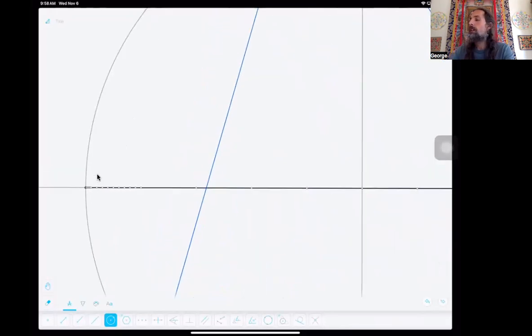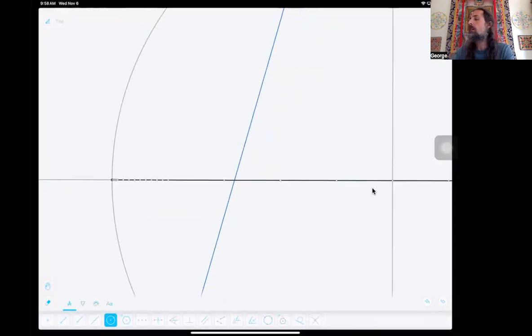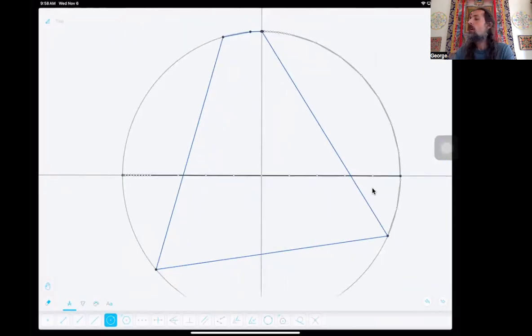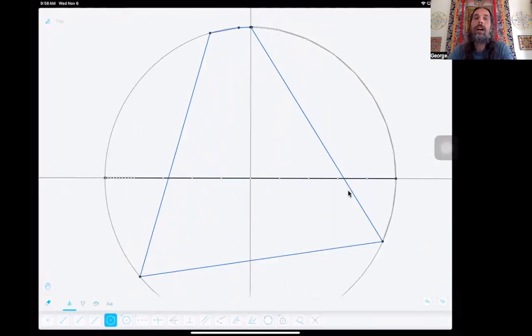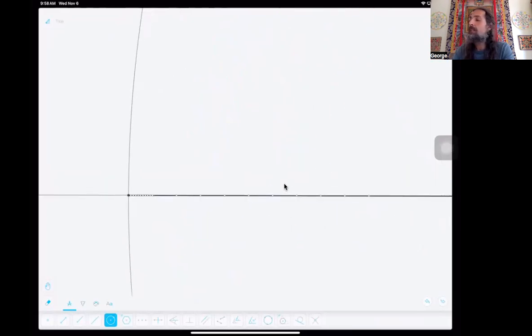So there are 100 units between each of these white little nodes, equaling 1,000.